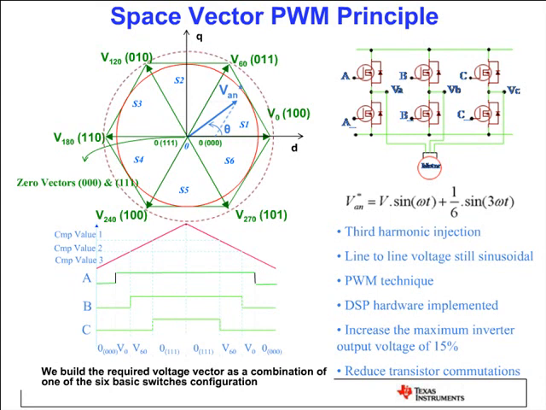Of course this blue vector keeps spinning and the projections on the vectors change. So that's why we update the duty cycle of the PWM continuously, like at 10K or 20K depending on the ISR. And we have 6 sectors, and when this vector goes to the next sector, S2, S3, S4, we use the neighboring vectors to calculate the duty cycles.